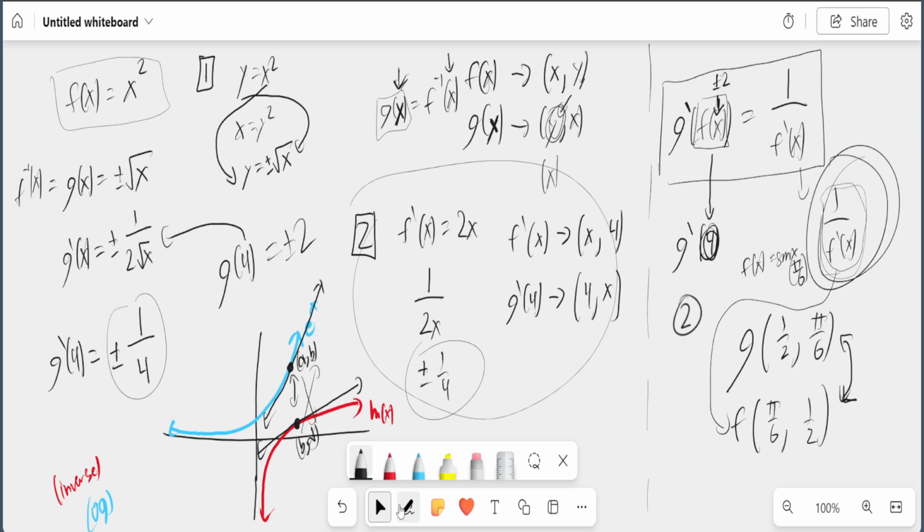So if we want to find g prime of 0, right? 0 is this point. It's not this point on the function, but pretend it's this point on the function, right? We want to use this relation we found between g and f, between our inverse and non-inverse. We want to find what value that corresponds to on our original.